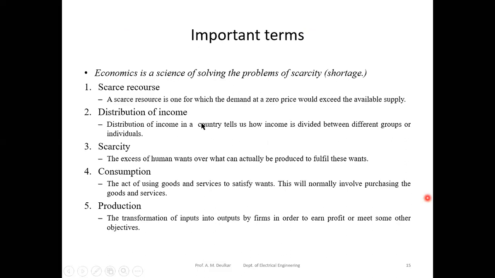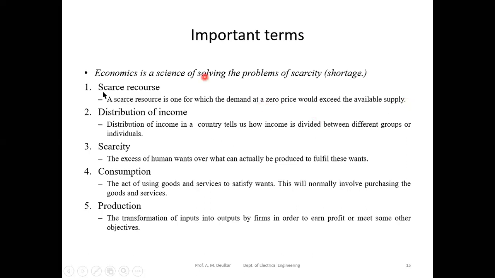We'll discuss some important terms here. First, scarce resource. Scarce, we already know, is shortage. A scarce resource is one for which the demand at zero price would exceed the available supply.